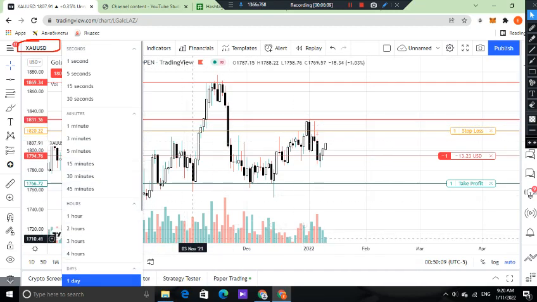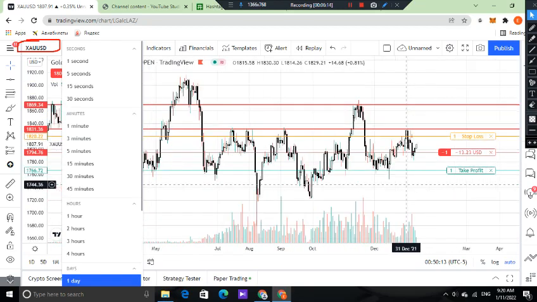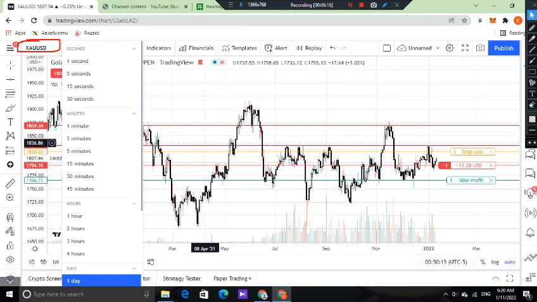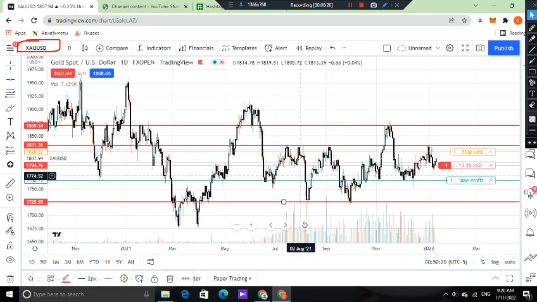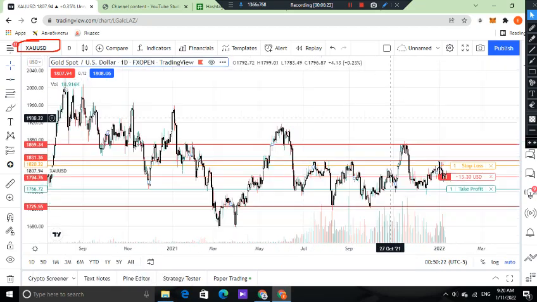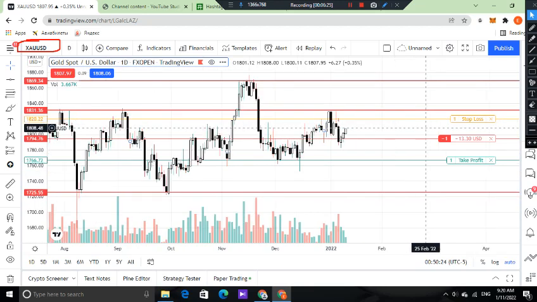But in this case, I don't see any reason to get out of my position. I see a trading range and I want to be in this position, and I realized that my stop loss wasn't that good because it was possible that the price hit my stop, and that's why I moved it higher.